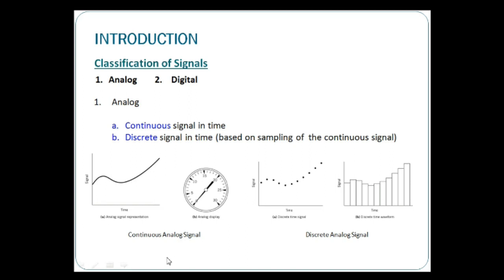This analog signal could be a discrete signal in time also, but it is based on sampling. So if you have a continuous signal and you do sampling, then that is still a so-called analog signal, which is discrete. So you could have discrete time waveforms. So analog signals in general are continuous signals.